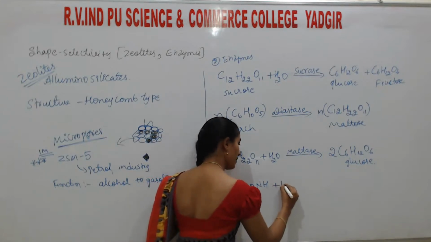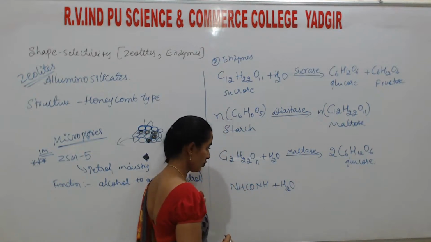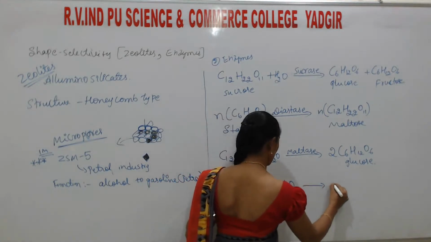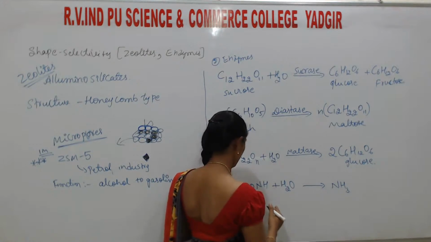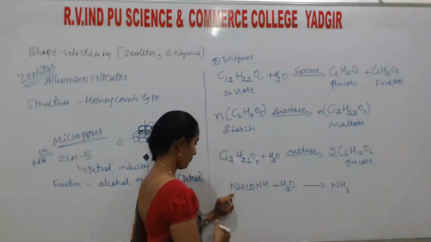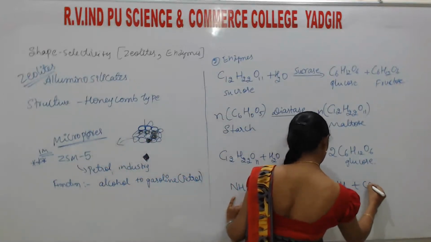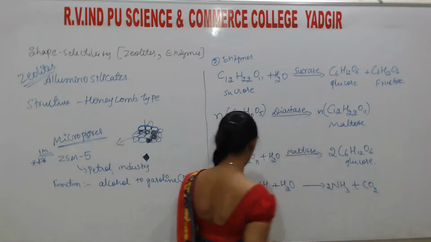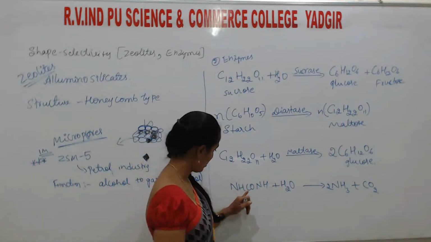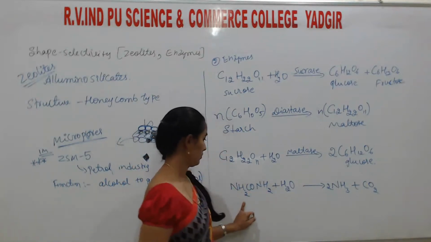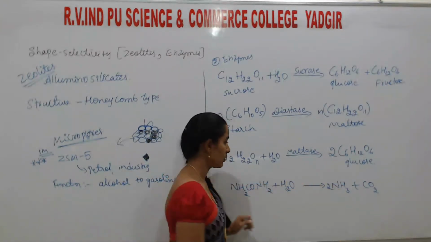If it combines with H2O, it forms NH3 as well as CO2. NH2CONH2 plus H2O gives rise to 2NH3 plus CO2.